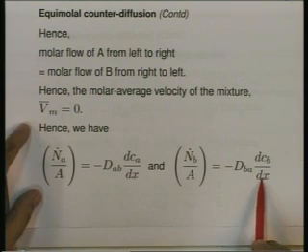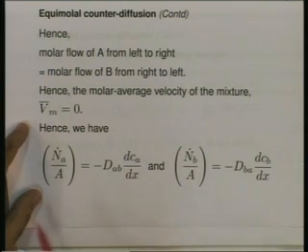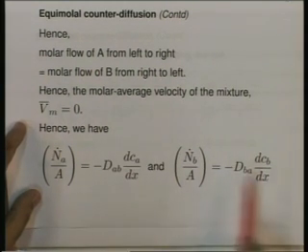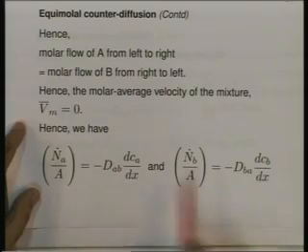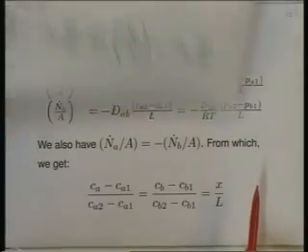We integrate these two equations, which we saw just now, one for dCA by dx and one for dCB by dx. Since everything is isothermal and at constant pressure, it makes sense to know that Dab is a constant, Dba is also a constant.